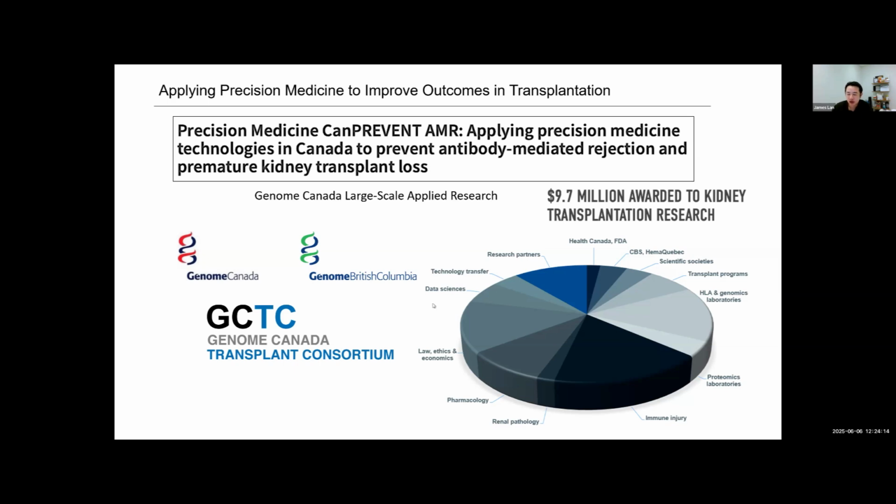And so you can see now this is a Canadian consortium, but we have many international collaborators as well. We got together pathologists, clinicians, laboratories, law, pharmacology, and so on and so forth to form this consortium so we can develop novel solutions to help our patients.